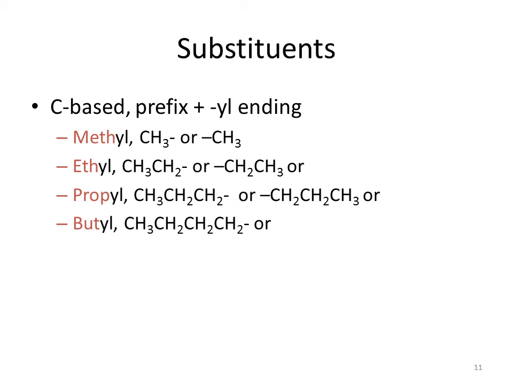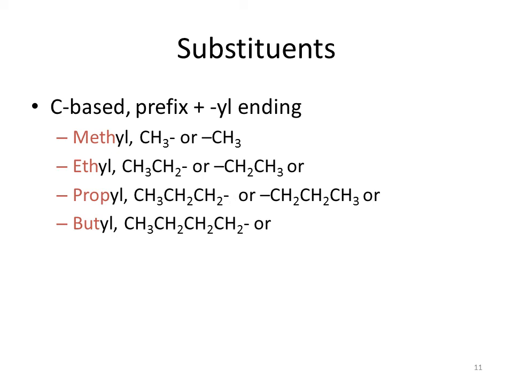Now notice I have a little line coming off the carbon to show that it's attached to something. And also notice that the carbon that is attached to the chain has 1 less hydrogen to allow it to be attached to the chain.